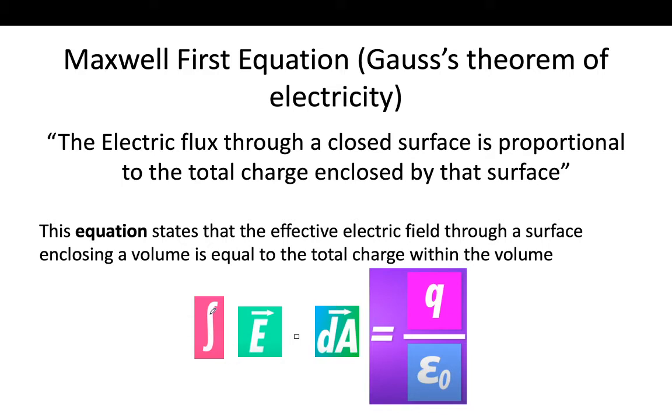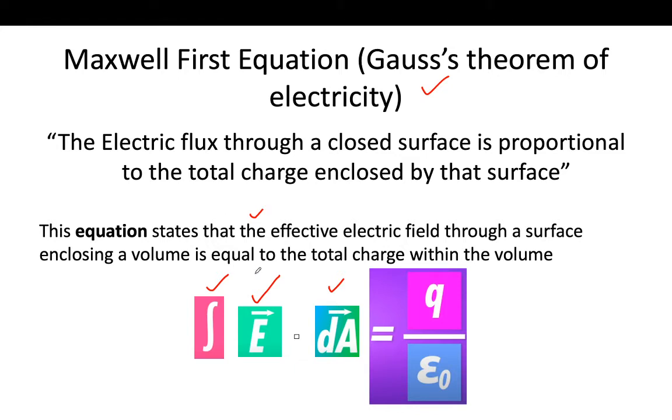the closed integral, and E represents the electric field because it is the Gauss's theorem of electricity. So here it's talking about electric field, and dA represents the area of the surface, because this equation states that the effective electric field through a surface enclosing a volume is equal to the total charge within the volume.